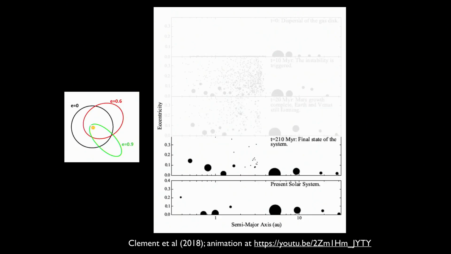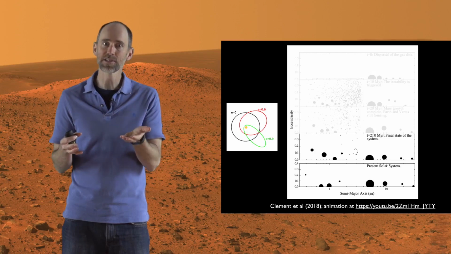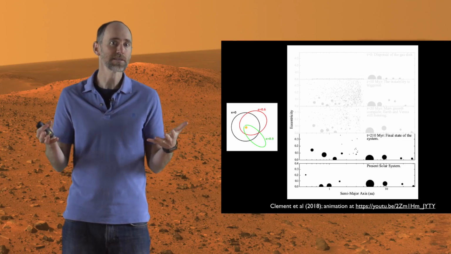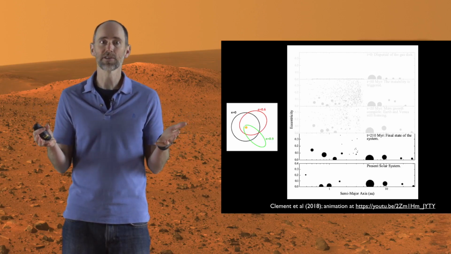But the growth of the Venus and Earth continues. And then, within a couple hundred million years, a large Venus and a large Earth have formed and a small Mars. And you can see it compares quite well with the present day solar system, which is shown below. And so this shows that the early instability model can match the broad properties of the inner solar system.